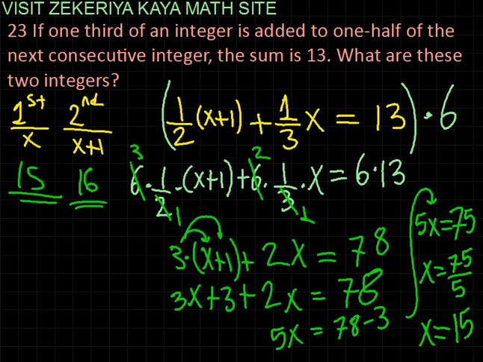Write in your notebook: 3 times x plus 1 plus 2x equal to 78. Under that, 3x plus 3 plus 2x equal to 78. Under that, 5x is equal to 78 minus 3. Under that, 5x is equal to 75. You know the rest, over 5.